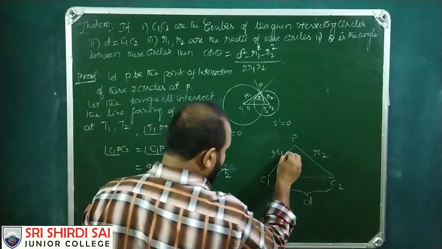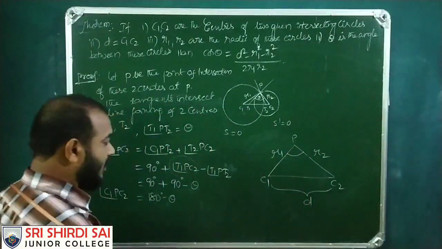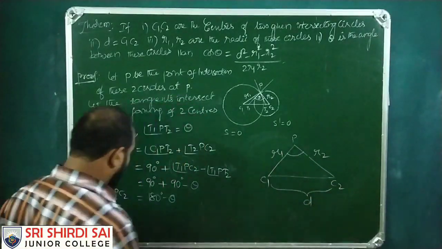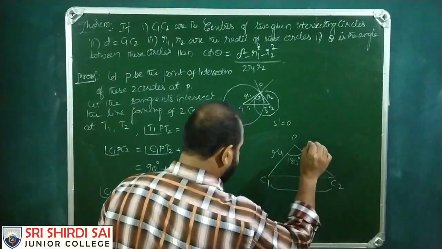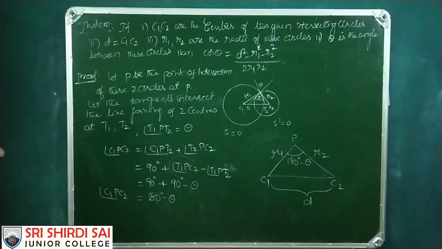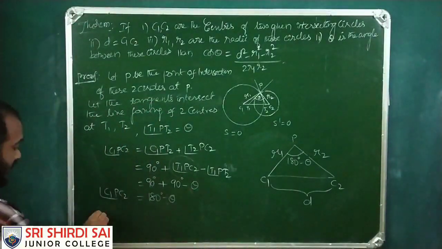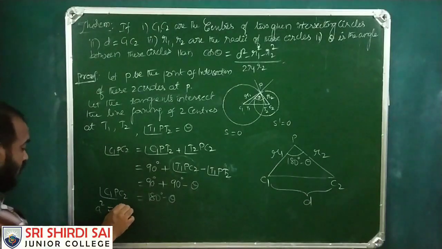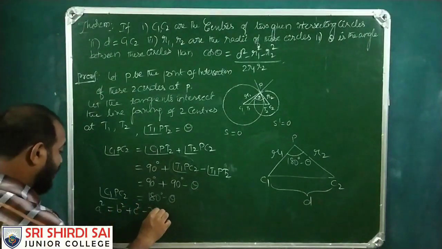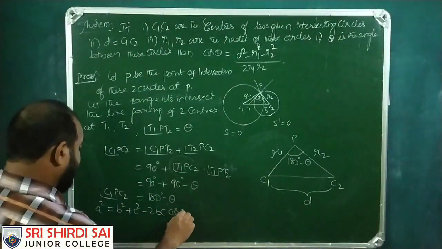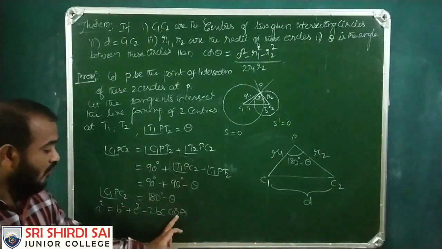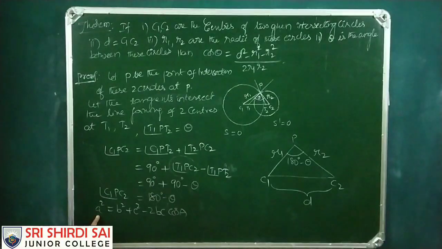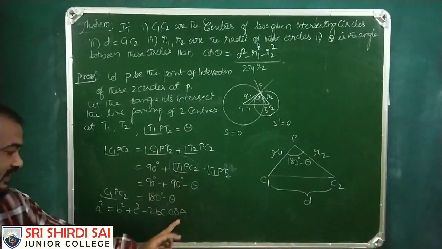And just now we have got this angle C1PC2 equals 180 degrees minus theta. We know the cosine rule: A square equals B square plus C square minus 2BC cos A, or B square equals C square plus A square minus 2CA cos B, or C square equals A square plus B square minus 2AB cos C.